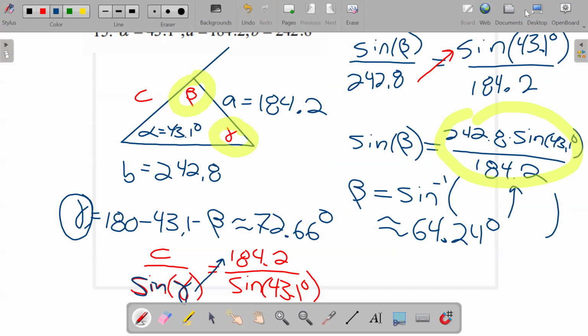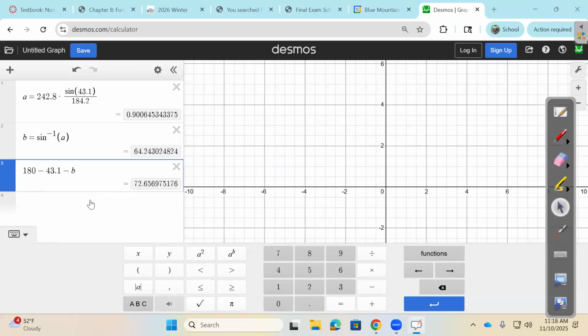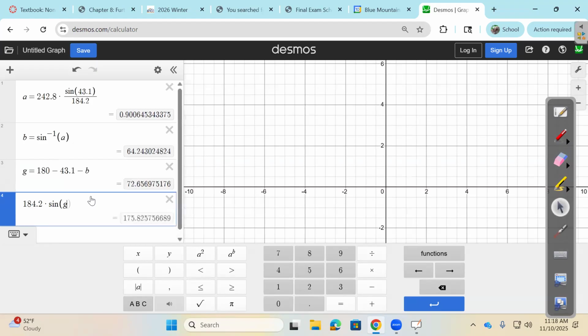So I'm using Desmos as an interactive worksheet, so I should name this something. Let's call it G for gamma. All right, so then I've got my 184.2, and I'm multiplying that by the sine of gamma, in this case, the sine of G. I'm dividing that by the sine of alpha.